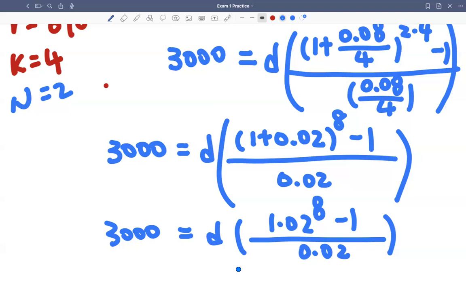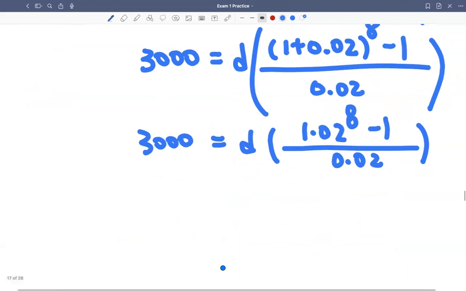You know what, I don't remember all these numbers. Let's just do 1, 2, 3, 4, 5, 6, 7, 8. Multiply 1.02 8 times. So when I do not have a scientific calculator, only a simple calculator, that's one way I could do it.